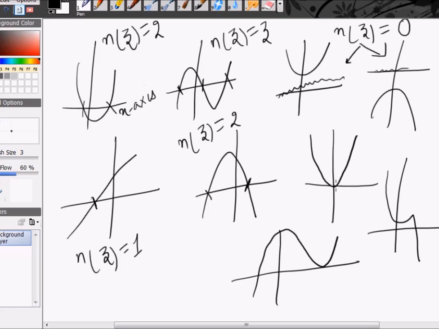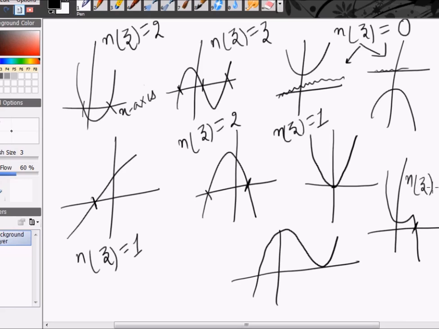Now, this is a very interesting case. Here, the graph is never cutting the x-axis, but instead, it is touching the x-axis at a single point. Therefore, number of zeros equal to 1. Here again the graph cuts the x-axis at a single point.